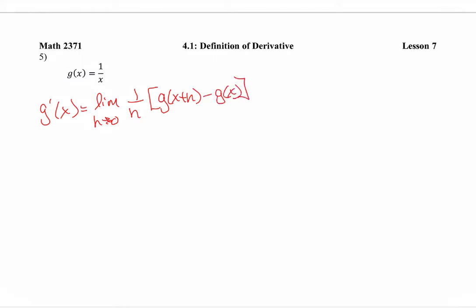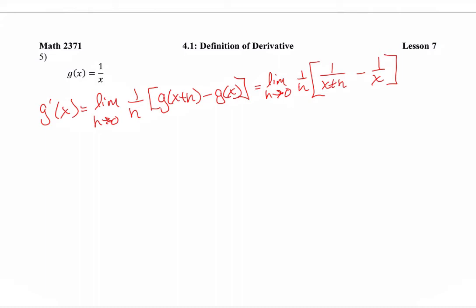Now that's the same thing, right? I just wrote these as a multiplication. The reason I did it is because now when I write this here and I put it in, I get 1 over h times 1 over x plus h minus 1 over x.